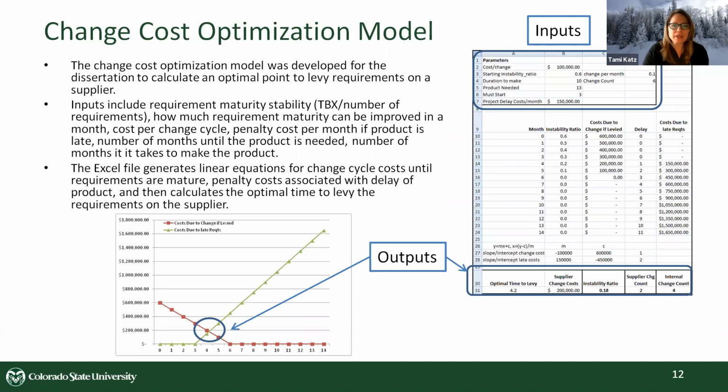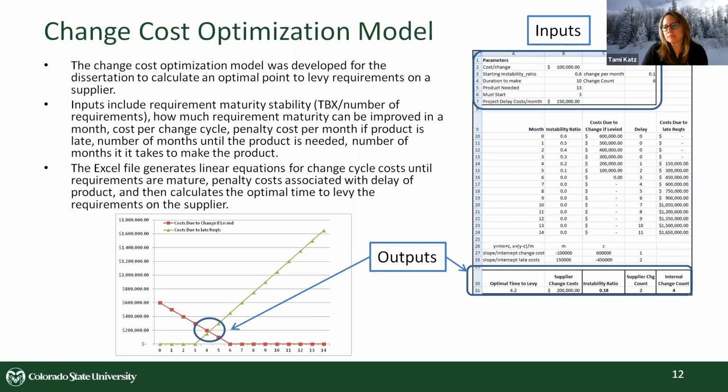And then if I knew that I had schedule impacts, if I was late with my product, and that would compound as soon as I was late, I was able to find the best point to maybe levy my requirements where I'm not late and I'm not incurring a lot of penalty fees, but I'm waiting a little bit to mature them. So what would that look like?